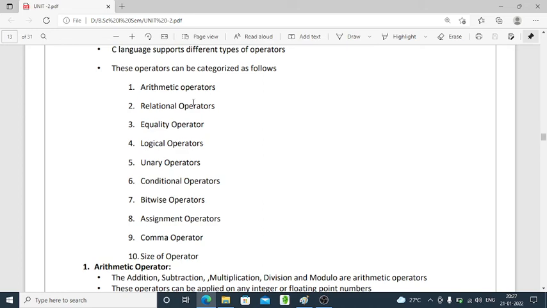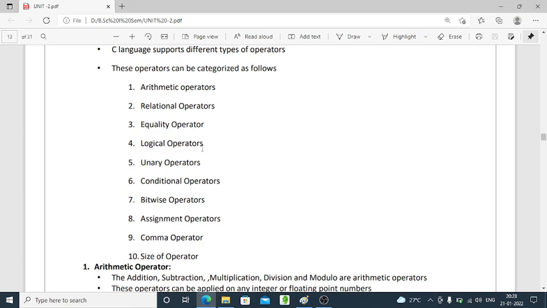Relational operators are used to find out the relationship between two operands: less than or equal to, greater than or equal to. In the case of relational operators, you will get output as either 1 or 0. Next is the equality operators: equal to and not equal to.